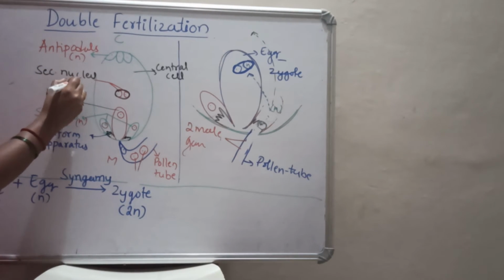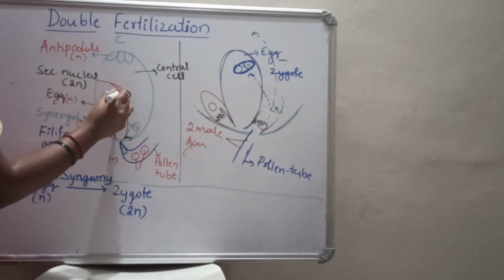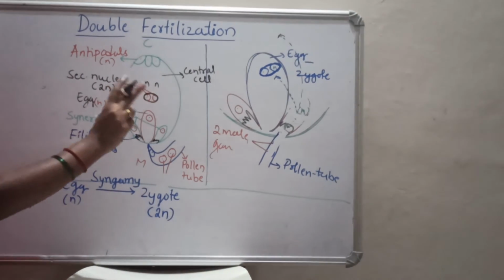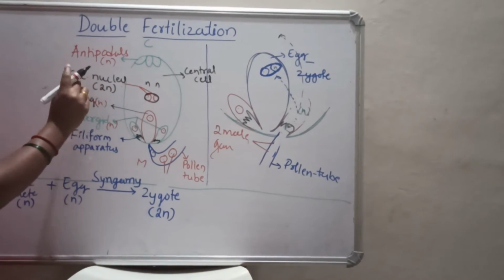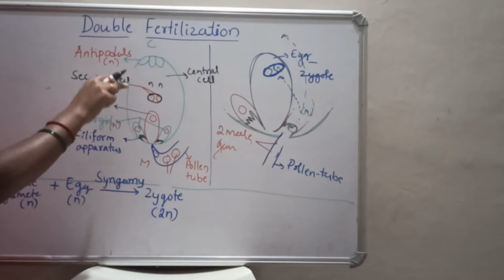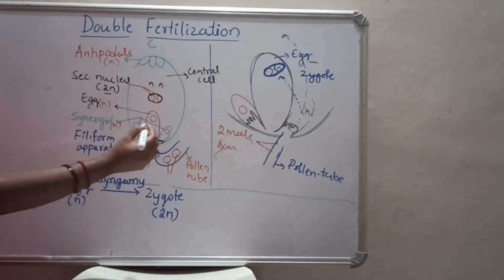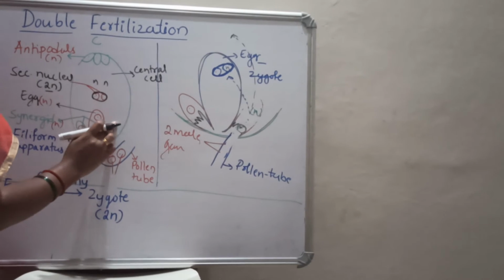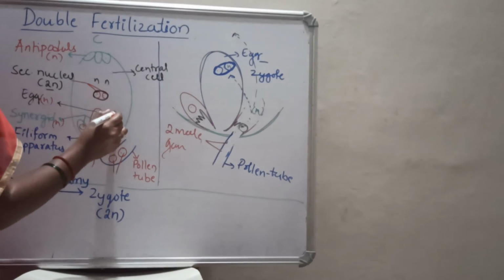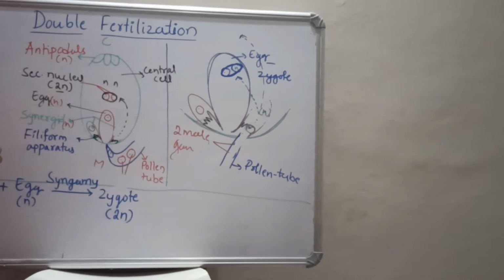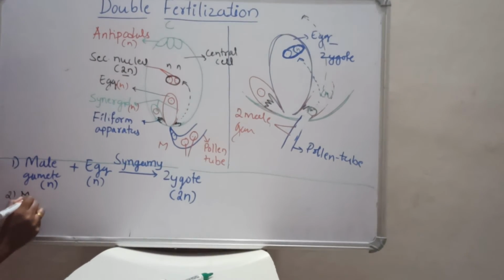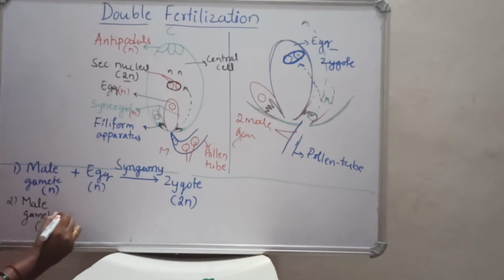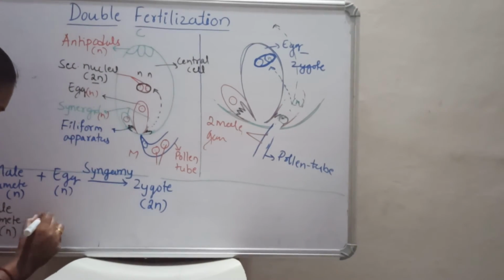The secondary nucleus is 2N because the two polar nuclei fuse together. Then the remaining male gamete present in the synergid cell moves towards the secondary nucleus. This other male gamete, which is haploid in nature, fuses with the secondary nucleus.